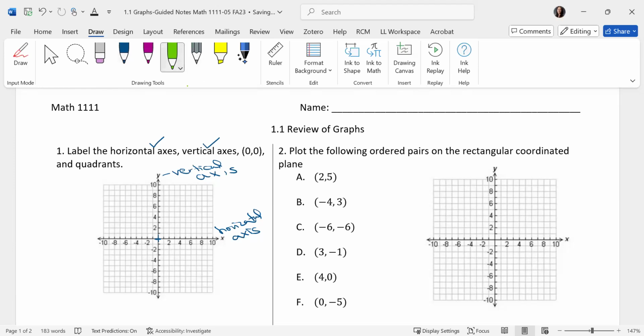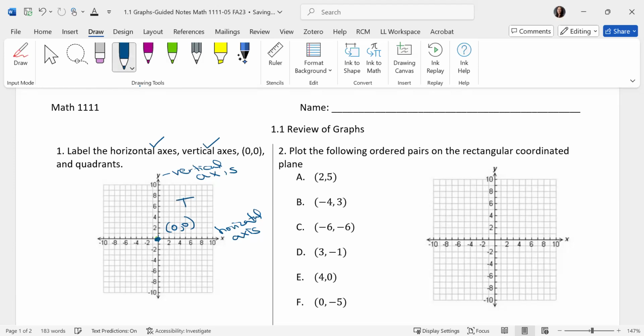The center point 0, 0 is located right in the middle. Let me do this in blue pen, 0, 0. And we have 4 quadrants. You can see that the vertical and the horizontal axis splits the coordinate plane into 4 sections.